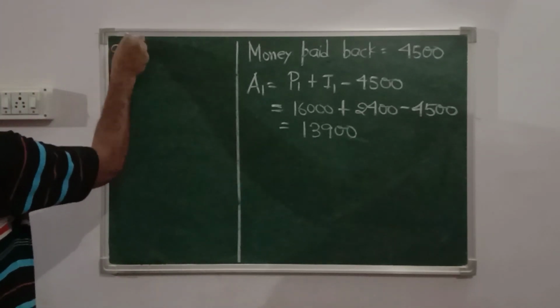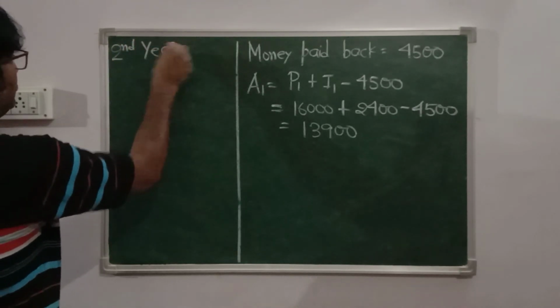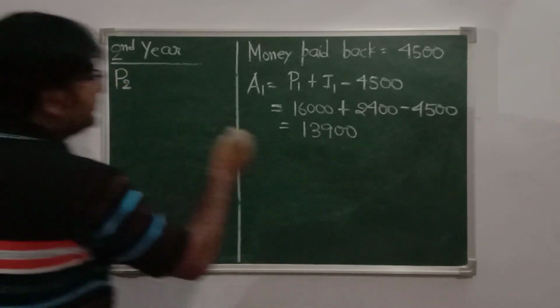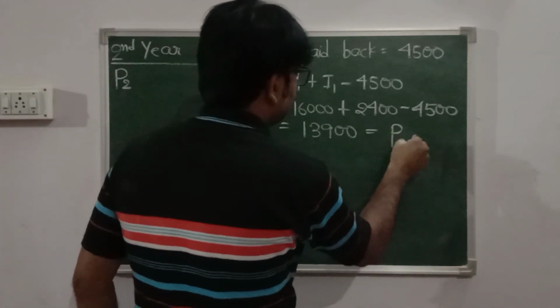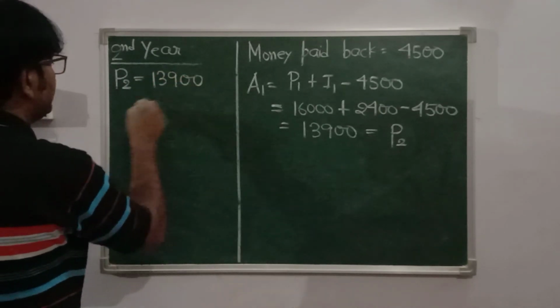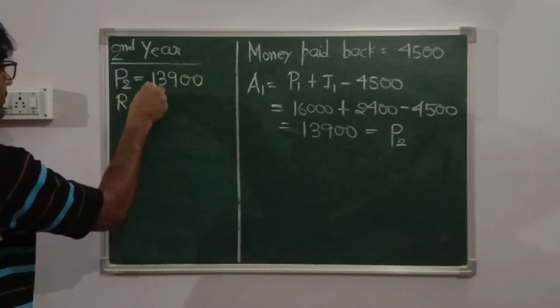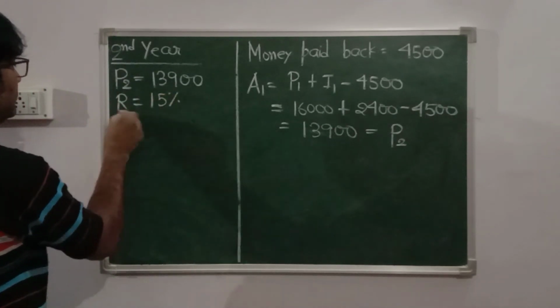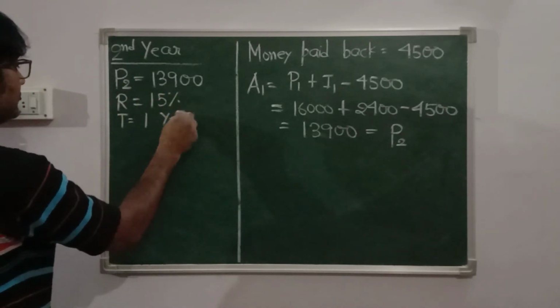Second year. So second year we have P2. This we can name as P2. So P2 is 13900. Rate is how much? 15%. T equals 1 year.